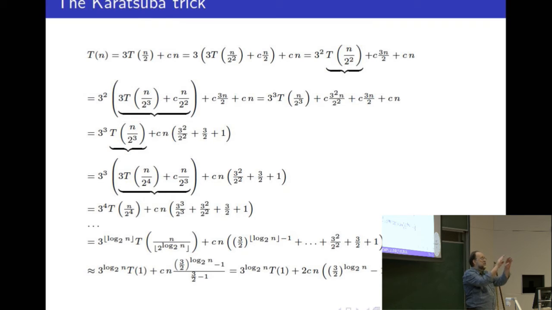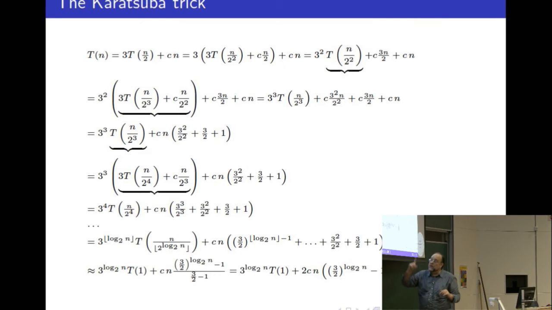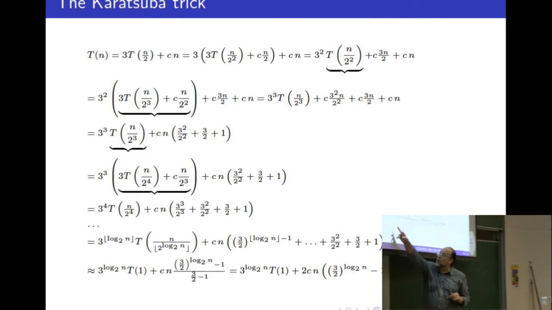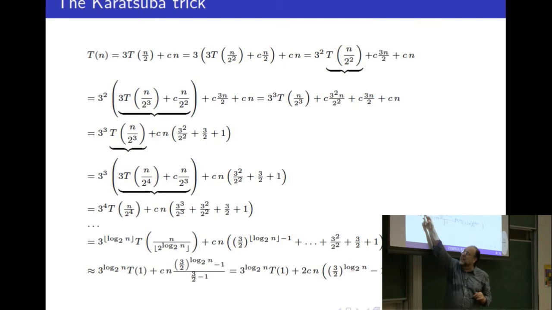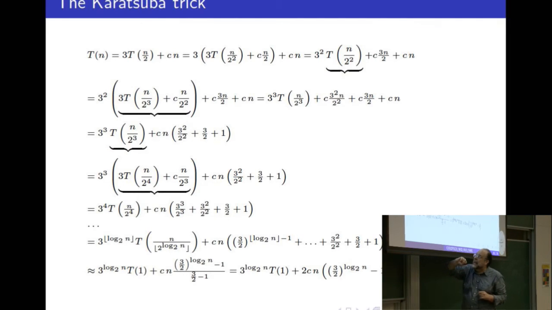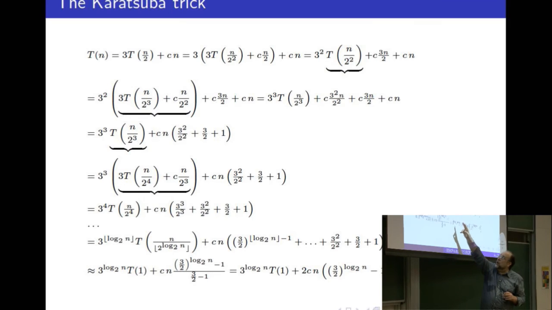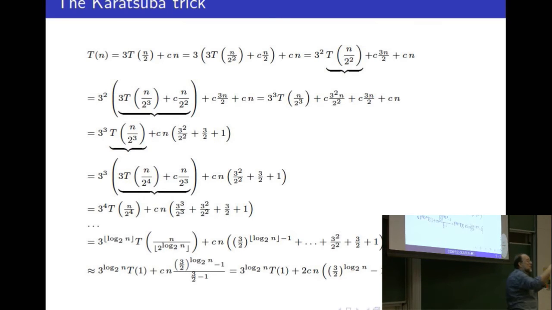Moving from n to n half, then replacing n half with n over 4, and so forth. Then we observe how quickly the power is increasing, and we also get the sum of the corresponding linear overheads.